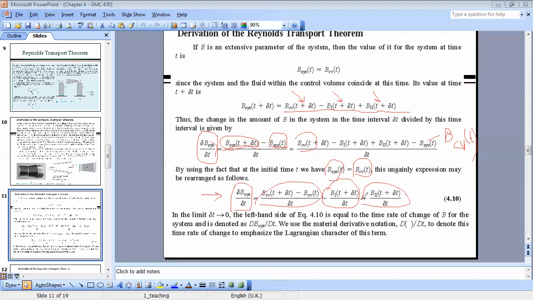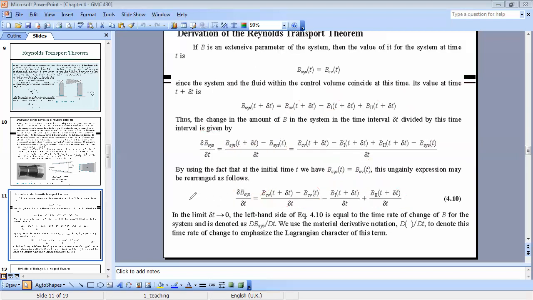So it will help you a lot in solving fluid problems, because you can connect the variation of what is happening in a certain control volume with the variation of what is happening in the control system. You will understand this theorem much better when we apply it. We will do a lot of applications on it.